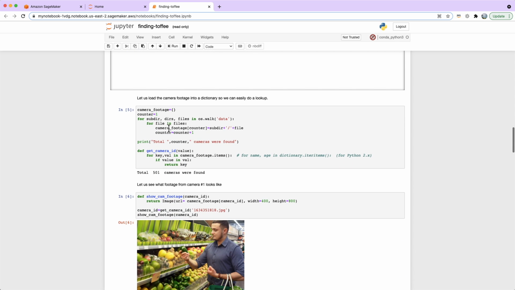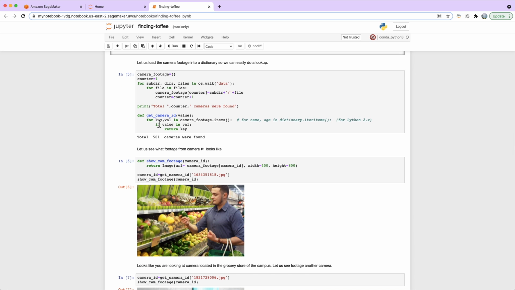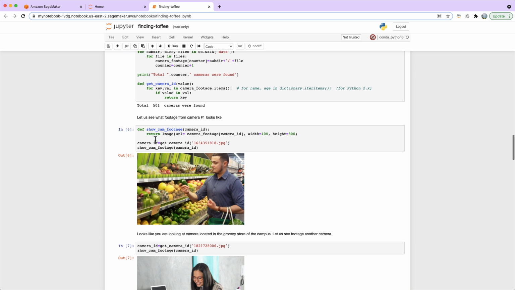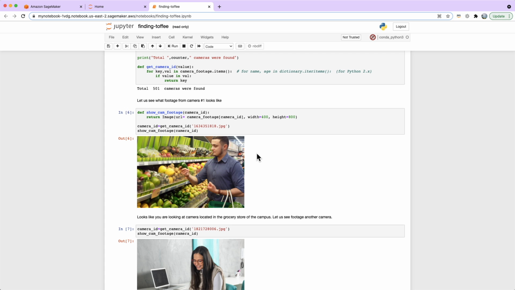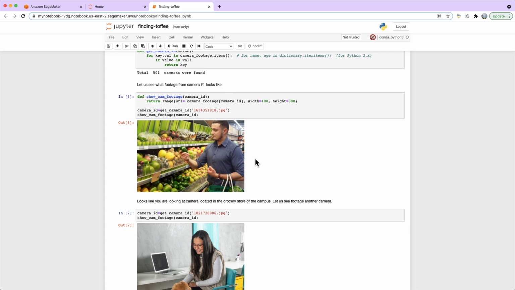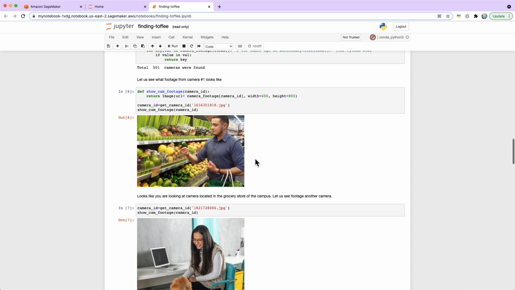And then you executed this particular cell in order to loop through all the different pictures which were provided to you by Shutterstock. And you can see that there were a total of 501 cameras which were found. And you can see footage of a sample camera over here. This one is actually from a grocery store on campus.